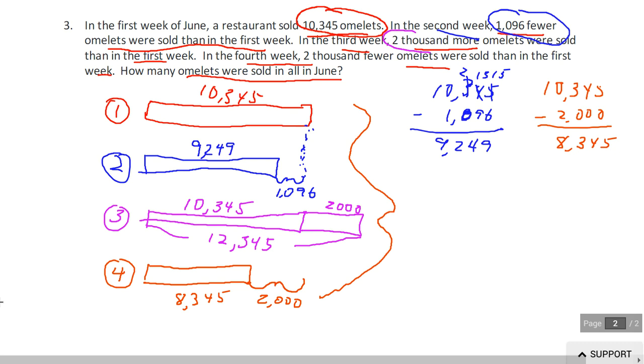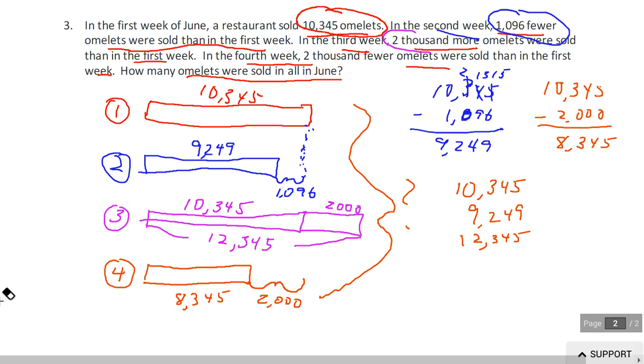Well, they want to know how much all sold in June, so that's this whole amount they want to know. And then you just add all of those up, however you want to do it. You would add 10,345, 9,249, 12,345, and oops, excuse me, that last one's going to be 8,000.